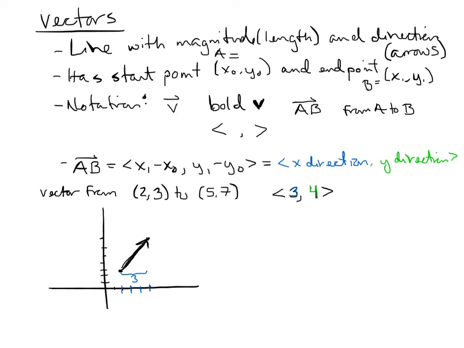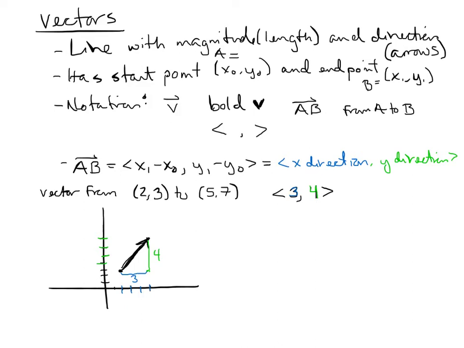So we start at the y value of 3 and move up 1, 2, 3, 4, and that gives us that 7. So this vector moves over 3 and up 4. 3 in the x direction, 4 in the y direction.